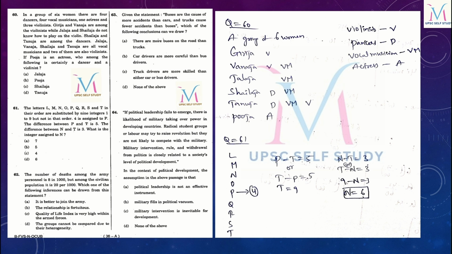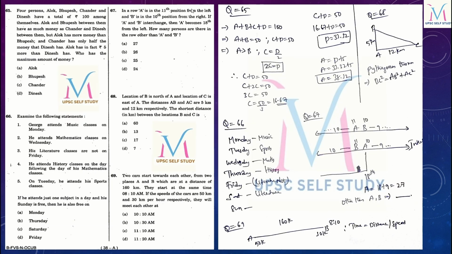So first, when the political system fails, only the military comes. After the military rules, it withdraws with the development of politics. So the military is the one filling the political vacuum. I hope you are clear with this question. For question 64, the answer is B.